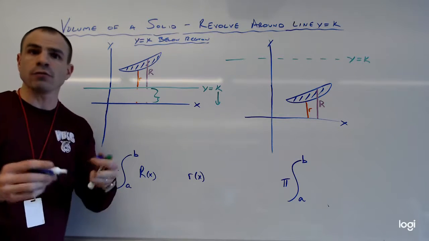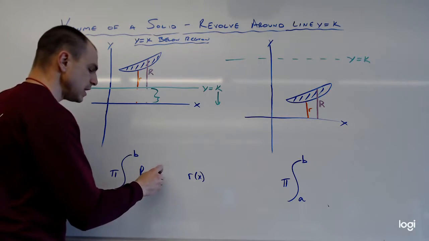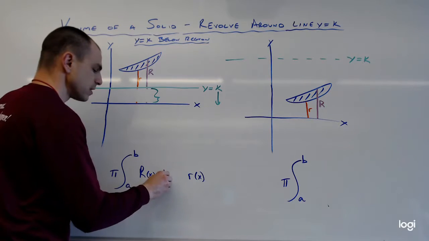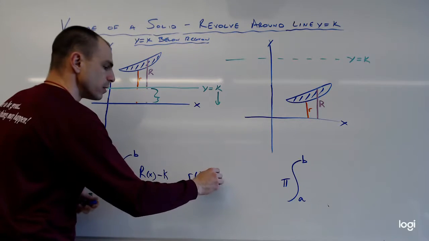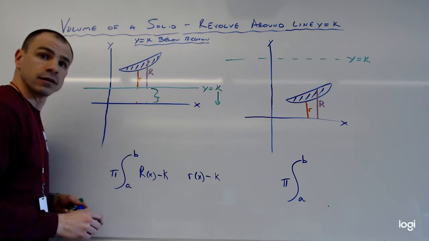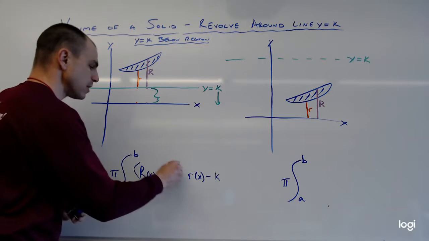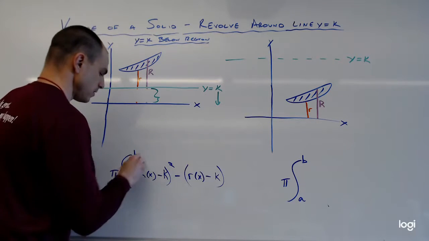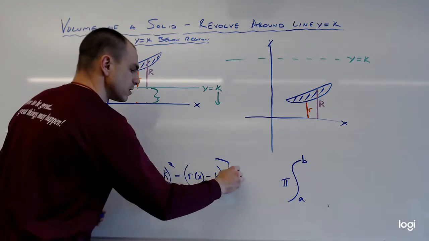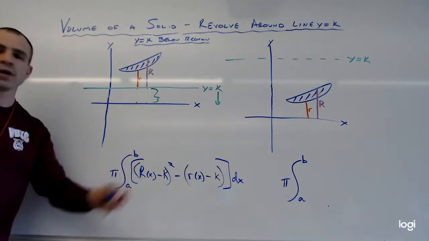They're going to be squared, which I'll put in a second, but we need to subtract k from both of the radii. After we subtract k, now we can square, we can get the difference, we can add dx, and now that we have our differential, we have our formula.